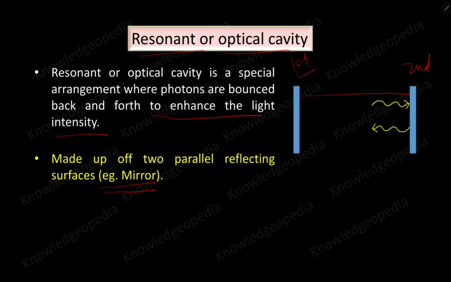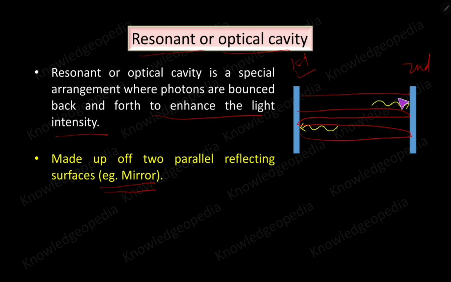Once it hits the second surface, it will bounce back and move to the first surface. Again, after hitting the first surface, it will bounce back and go to the second surface. So it is moving to and fro within these two reflecting surfaces, right?